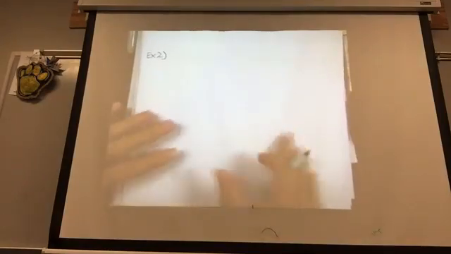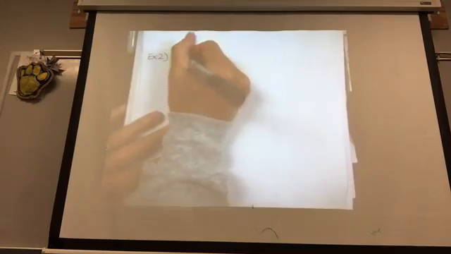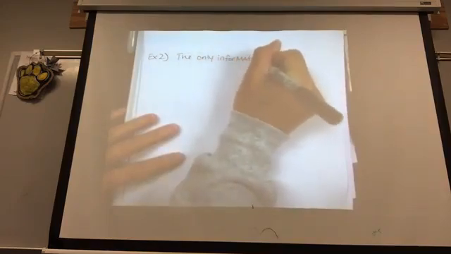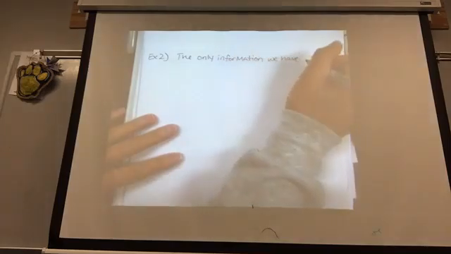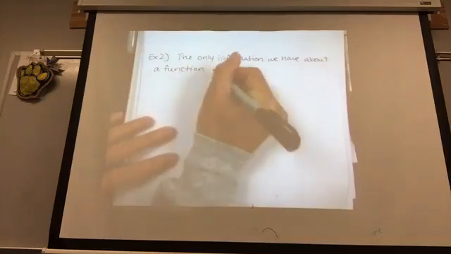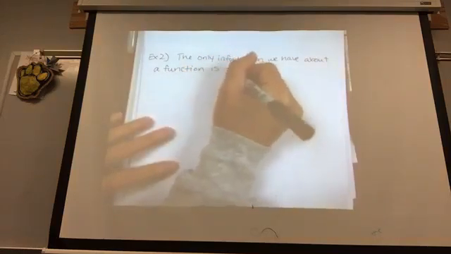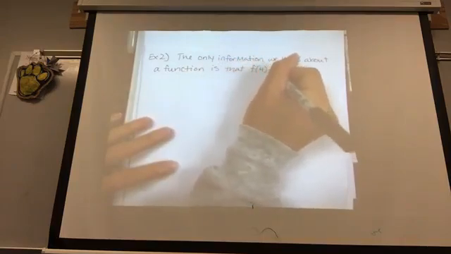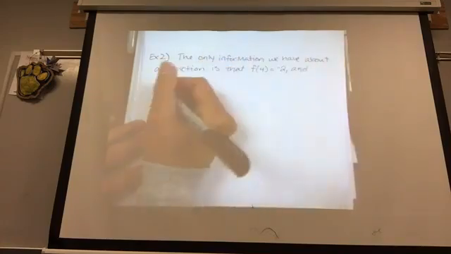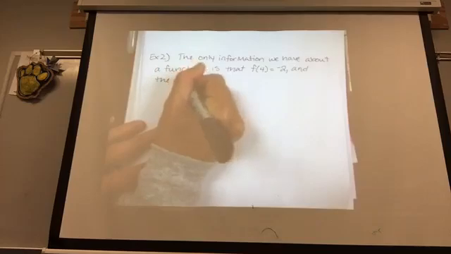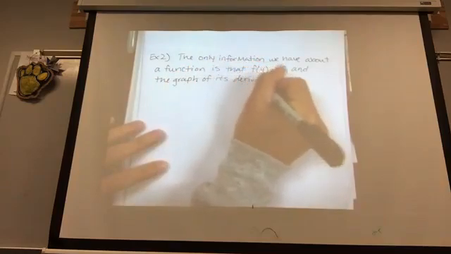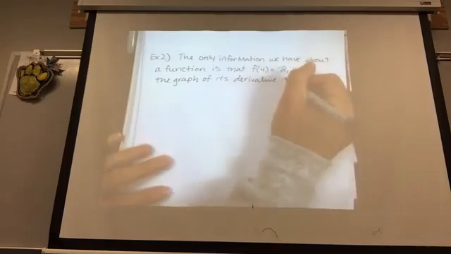The only information we have about a function is that f of 4 equals -2, and the graph is shown.